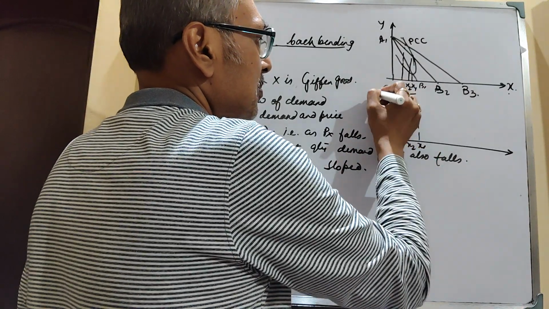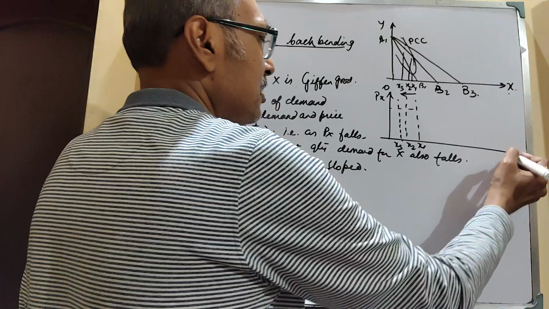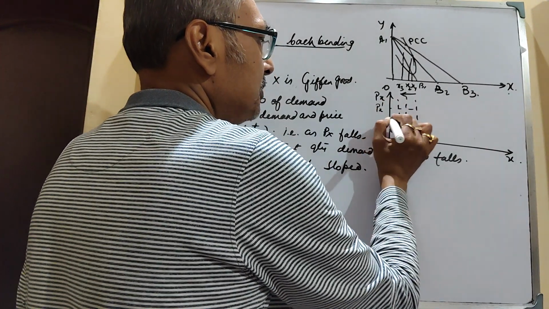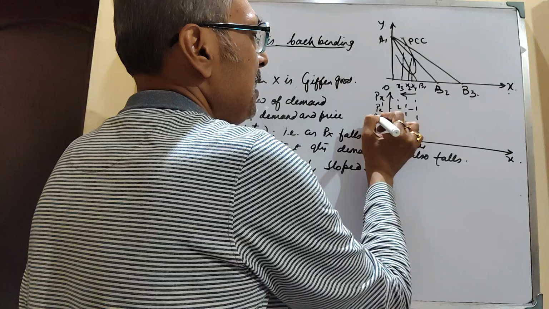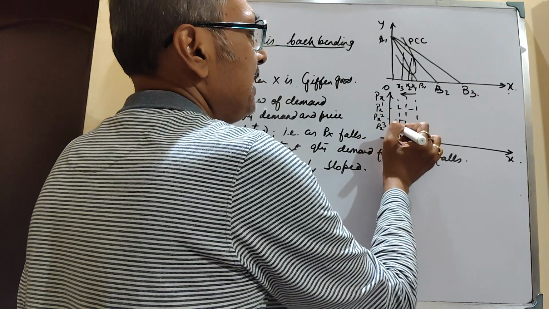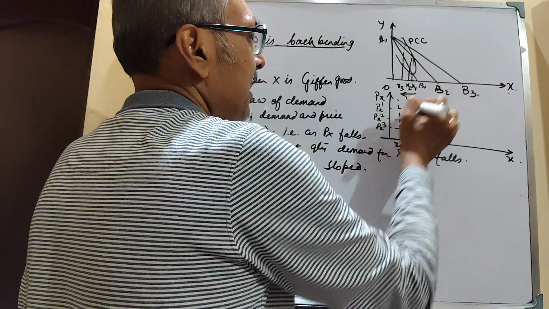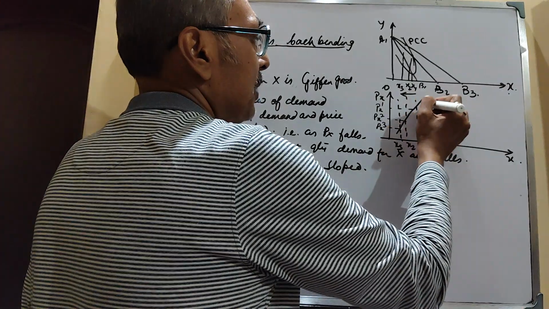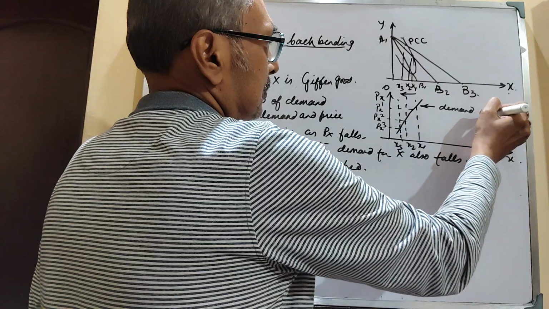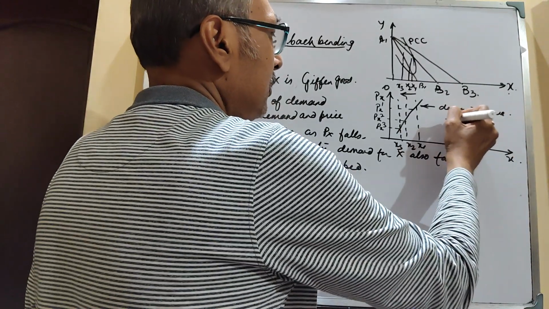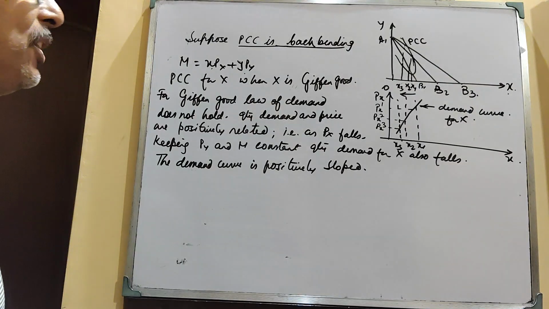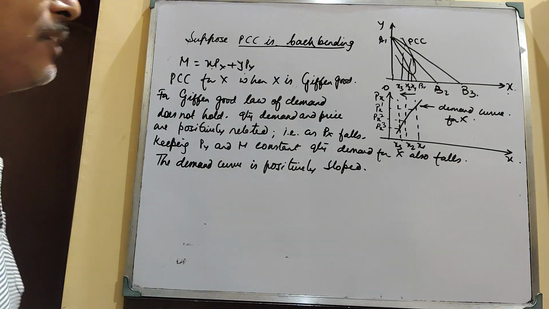Here we measure price of x, here quantity of x. Px1, this is Px2, this is Px3. We take the locus of these points, we get the upward sloping demand curve. Demand curve for x. Hence, for the given good, PCC is backward bending.